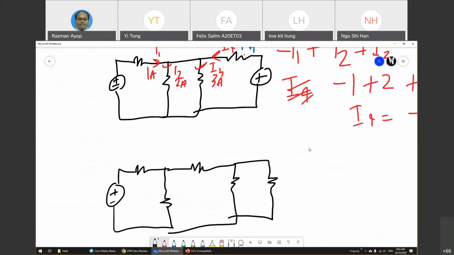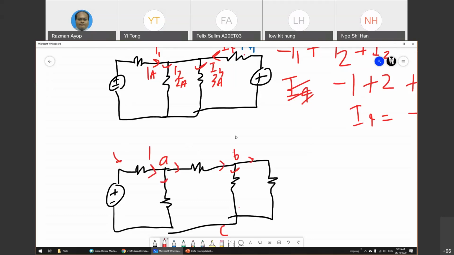This is node A, node B, and node C. This one is also considered a node actually, but it is not an important node. The important node will have 3 branches. This one has 3, this one has 3, and this one has 1, 2, 3, 4. You have 4 branches. So if you want to apply Kirchhoff's Current Law, you have to apply it for all.